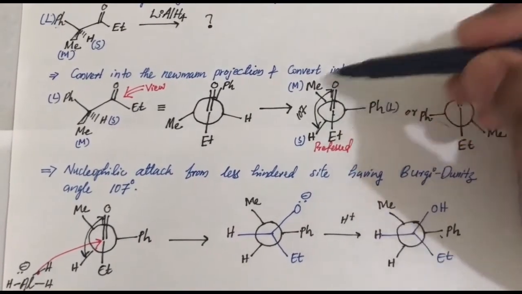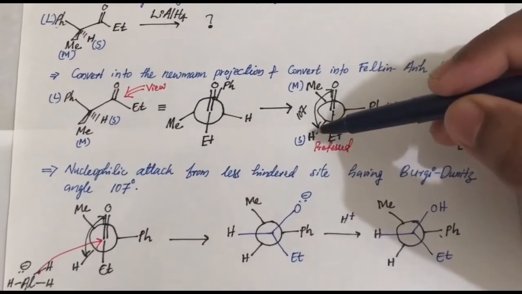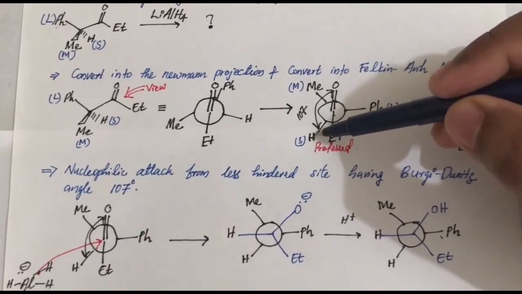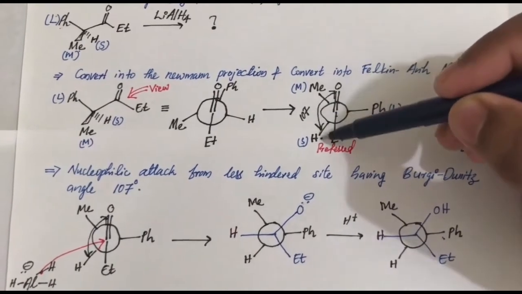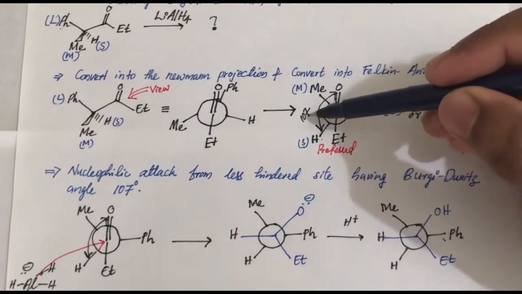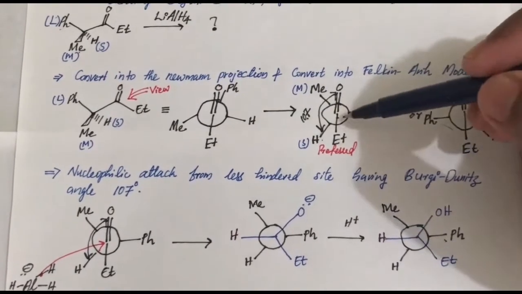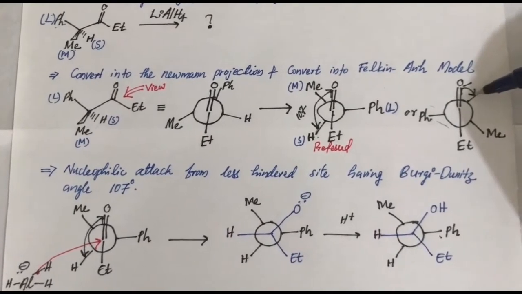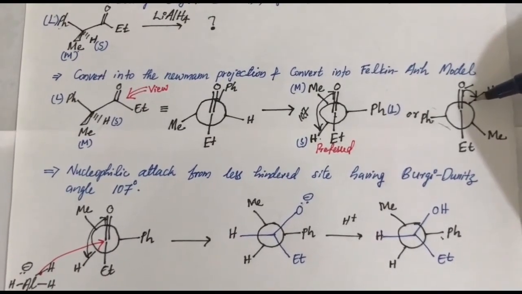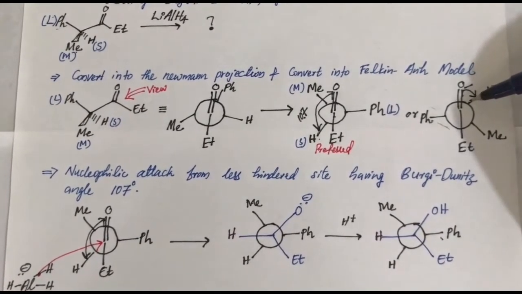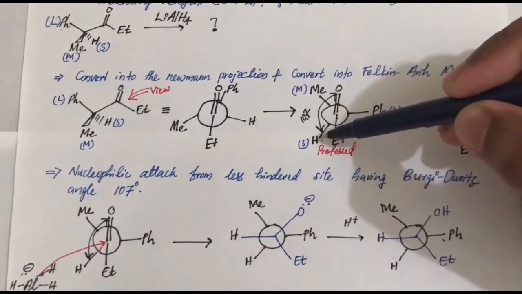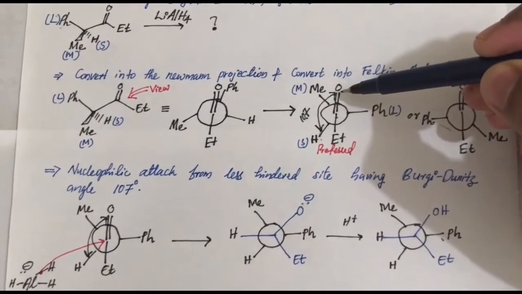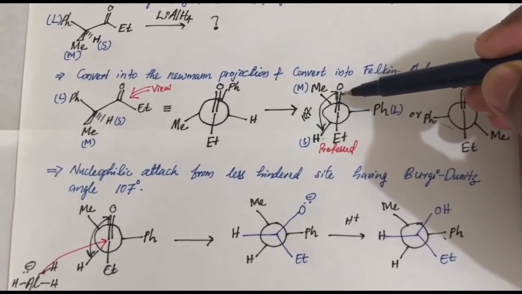In this situation, our alpha carbon has hydrogen, which is the smallest group. So this is our bond angle. We know that it should be greater than or equal to 107, but in this situation, it is less than 107. So in order for the nucleophile to approach, the angle between the smallest group and the carbonyl group should be greater than or equal to 107.